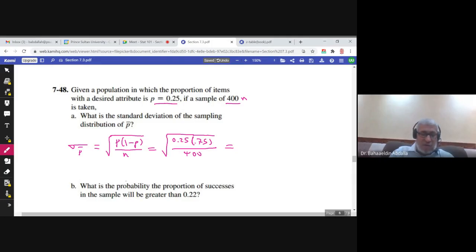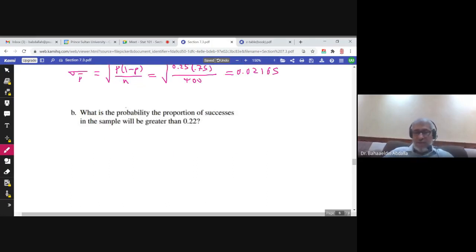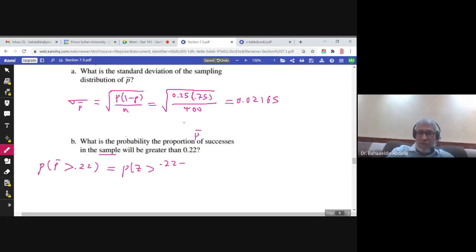So if you calculate, the answer is 0.02165. What is the probability of the proportion of successes in the sample? So P bar, he is asking about the probability that P bar will be greater than 0.22. You change it to Z greater than 0.22 minus P. What is P?